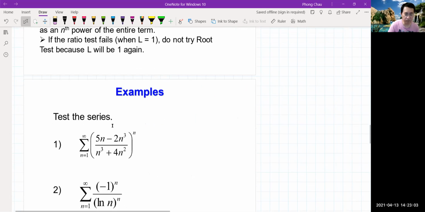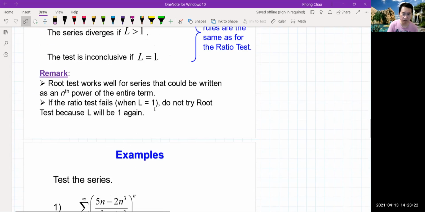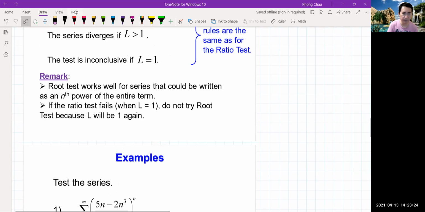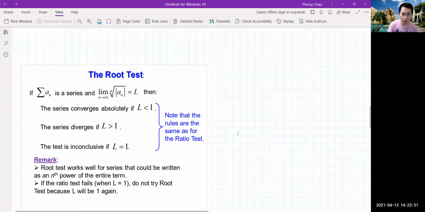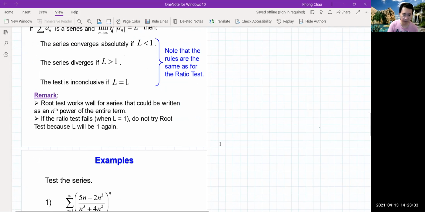Test the following series: the sum of the quantity 5n minus 2n cubed over n cubed plus 4n squared, raised to the nth power. Do you see that it's raised to the nth power? So when you see that, you know that we're going to use the root test. And in fact, it makes things a lot easier if you apply the root test.